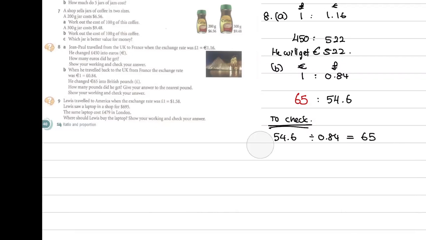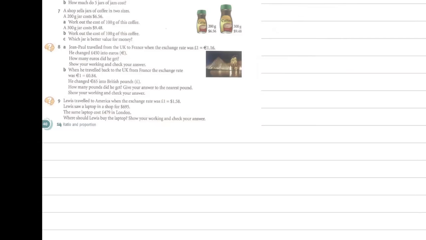And last question. Number 9. Louis traveled to America when the exchange rate was £1 equals $1.58. We saw a laptop in the shop for $695. The same laptop costs £479 in London. So where should Louis buy the laptop?